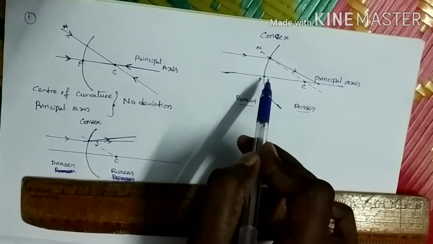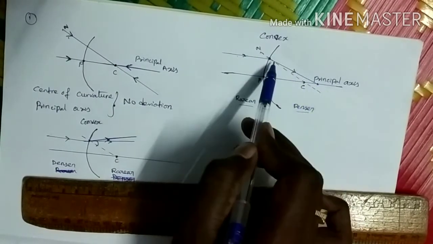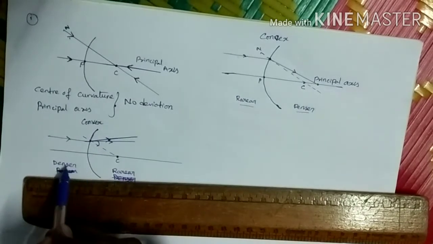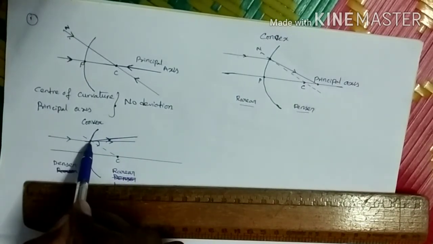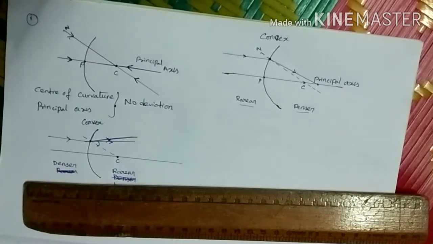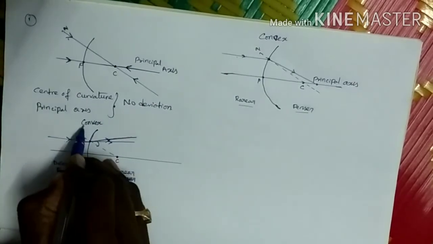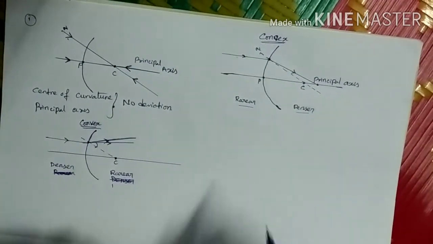Here you can observe that when the light travels from rarer medium to the denser medium, the refracted ray is closest to the normal, and when the light travels from denser medium to the rarer medium, the refracted ray is away from the normal. This is about a convex curved surface. Here I am taking only convex curved surface.